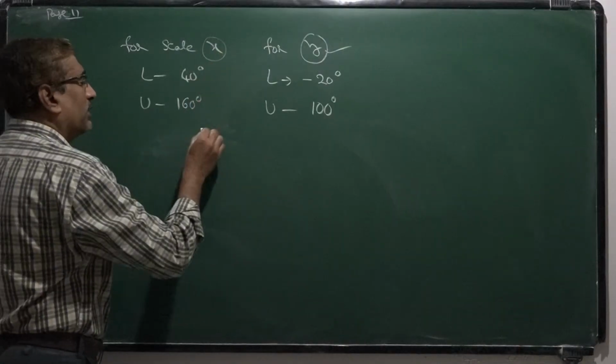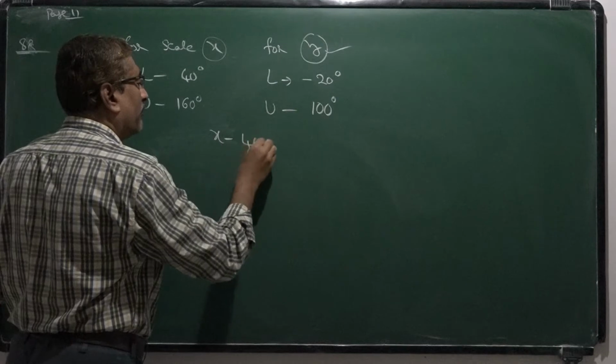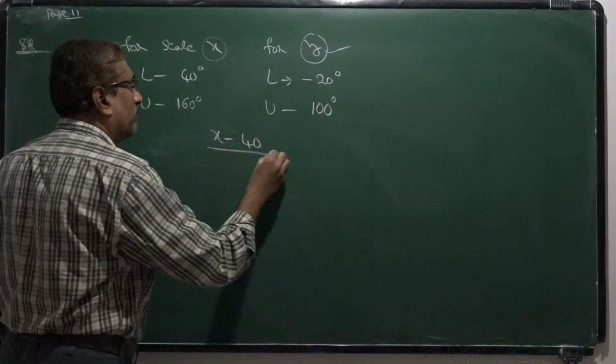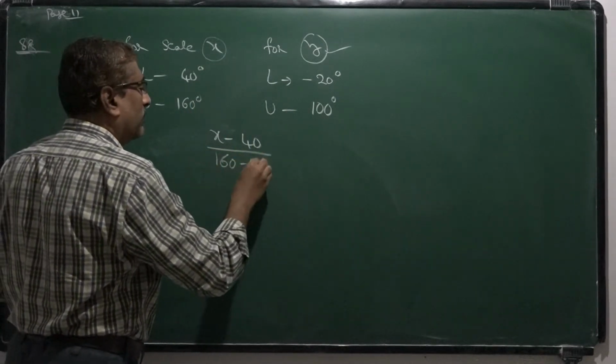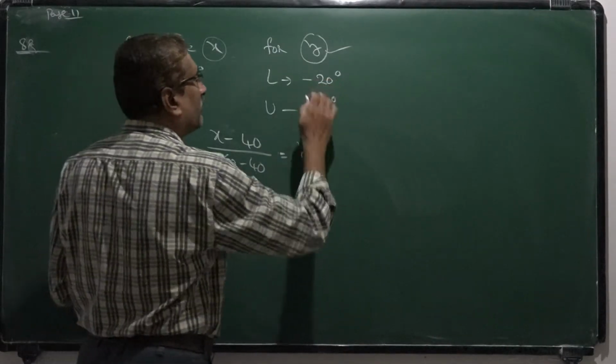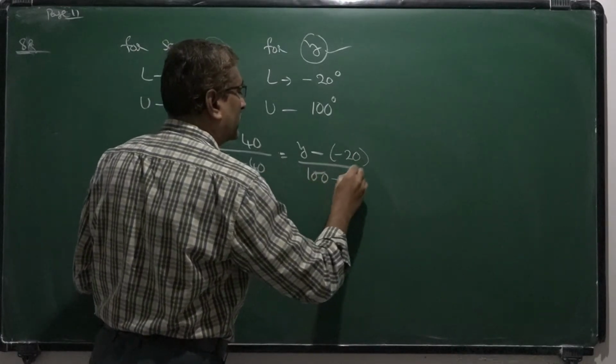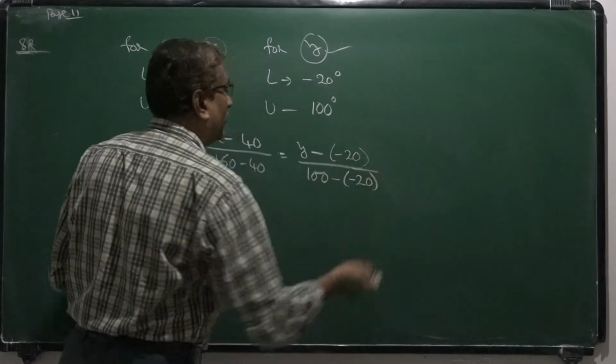So from this formula we can directly write X minus 40 by 160 minus 40 is equal to Y minus 20 by 100 minus 20. This is the reading.